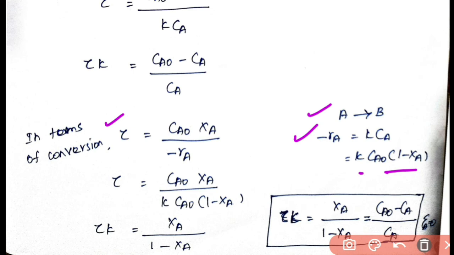So substitute minus Ra as K into Ca0 into 1 minus Xa. So tau is equal to Ca0 into Xa divided by K into Ca0 into 1 minus Xa. Rearranging, you will get tau K is equal to Xa divided by 1 minus Xa. This is the performance equation in terms of conversion for a first order reaction.